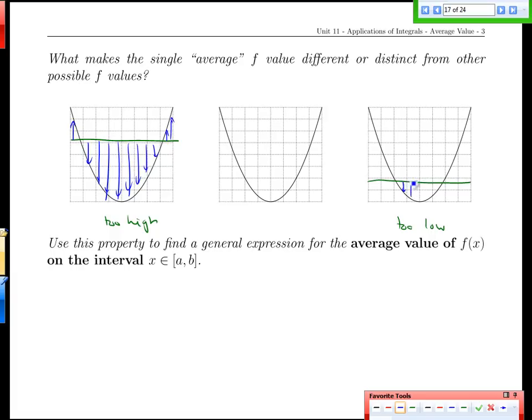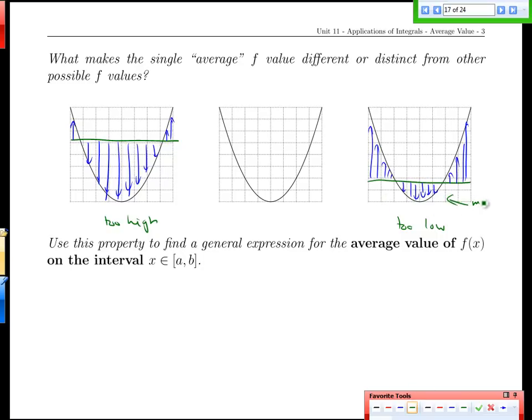When we look at the average here and ask, could that be the average? I don't think so, because we seem to have an imbalance where more of the graph is above this line than there is graph below it. Oh, actually, that's a good idea. Maybe not the graph, but the areas.